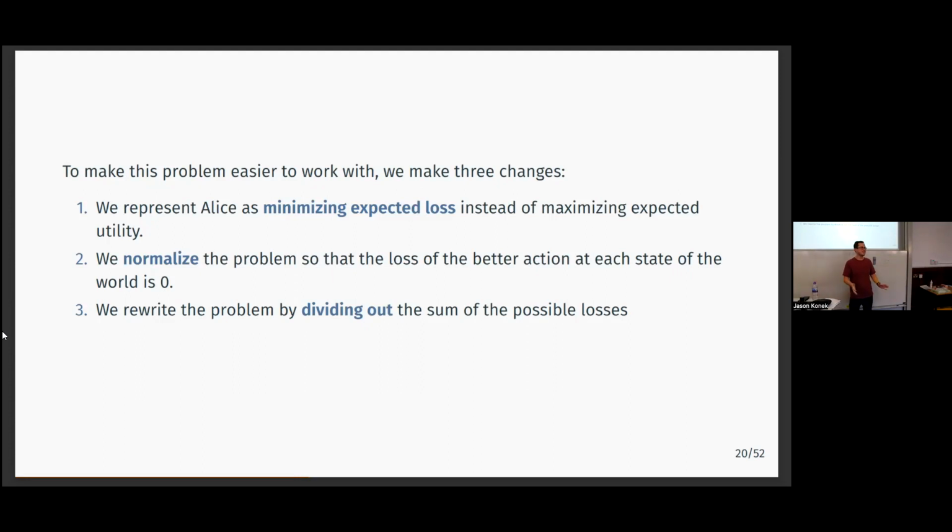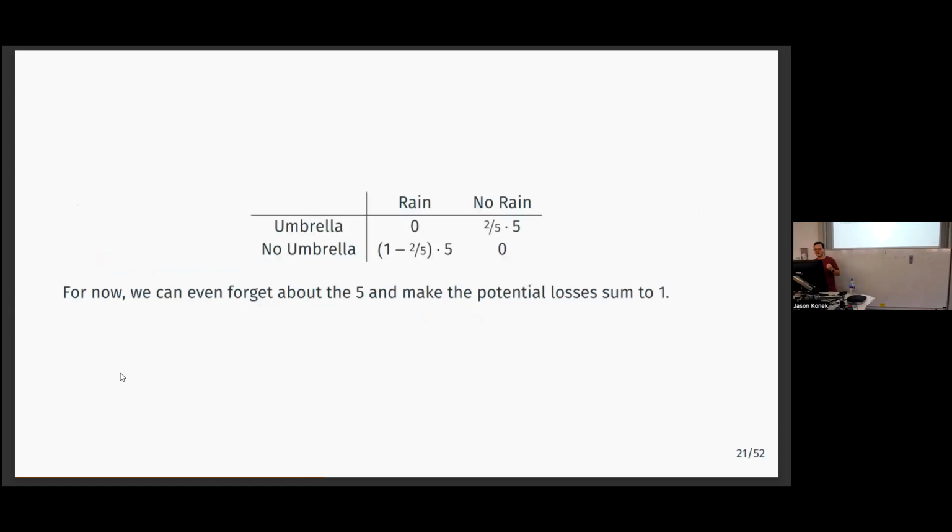When it rained, she was going to lose $1 no matter what, but that's not something she can control. So we normalize by adding $1 to that column, and then we divide out the possible losses.